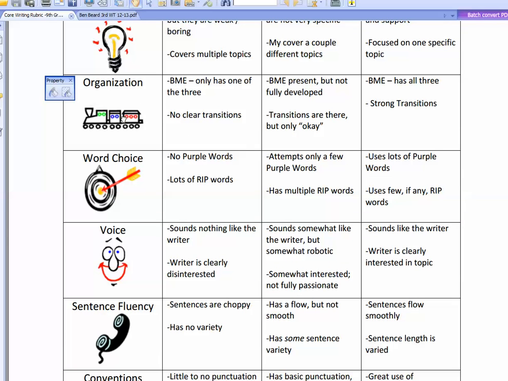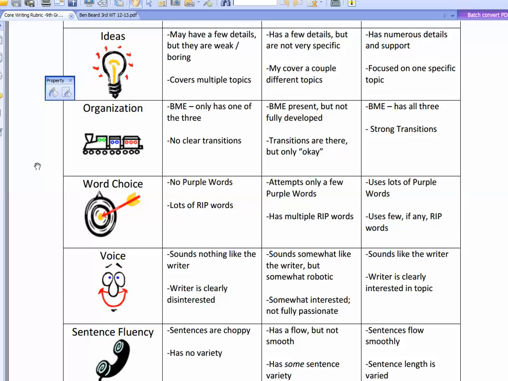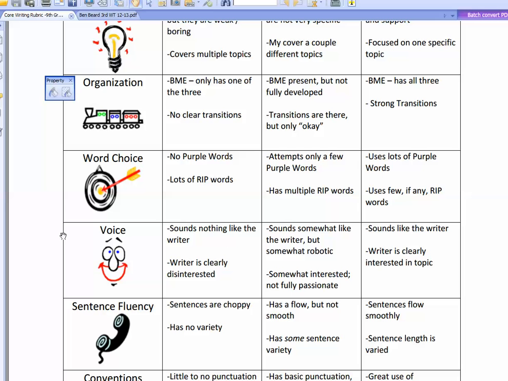I don't want to give you the prompt for those that were absent. You'll need to make that up in class. But it was a pretty common prompt, one that some students said they'd had before, which is great for me because really we want to focus on these 3 traits hard and adding as many details as possible with a clear beginning, middle, and an end. And of course, varied sentence length.